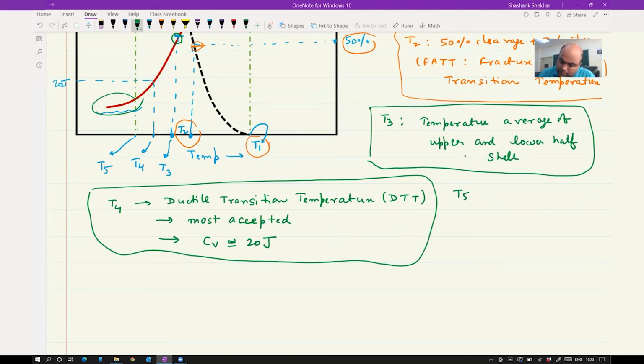which is this point here. Okay, and it is called nil ductility temperature.